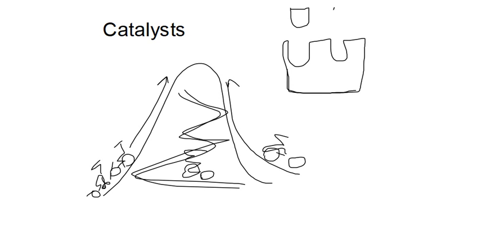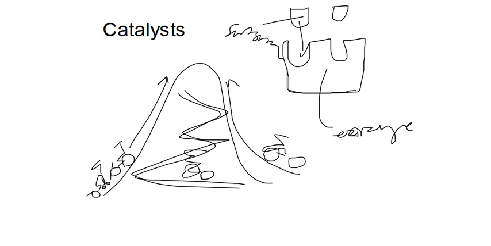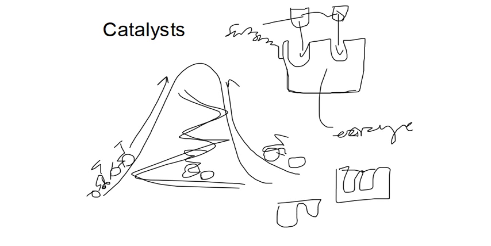The substrates are the ones that go into the enzyme, which is the catalyst. The substrates have to be the exact shape to fit into the enzyme to have the reaction work. For example, this enzyme binds these two together: they go into it, and then it comes out being one.